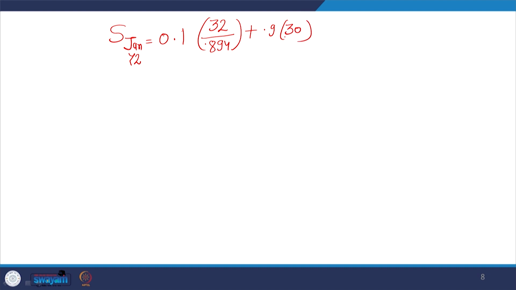That was December year 1. So, this becomes the formula for calculation of S January Y2.